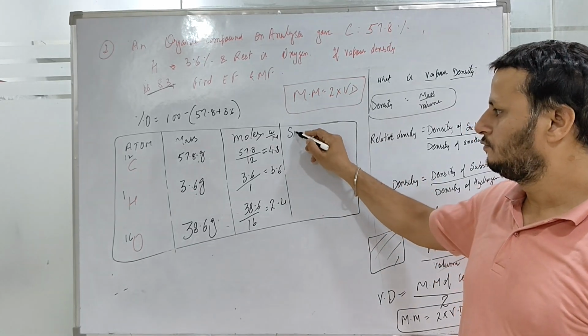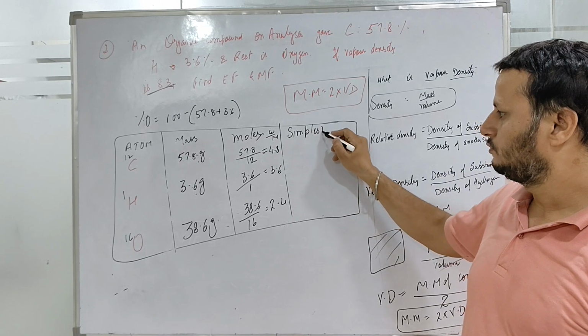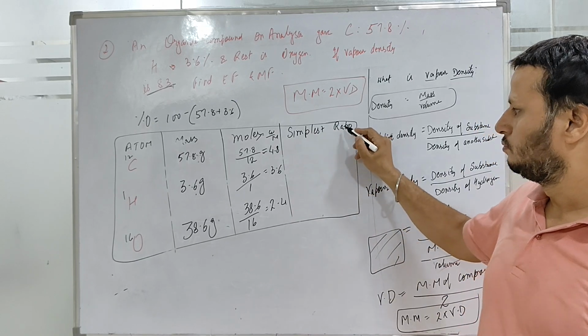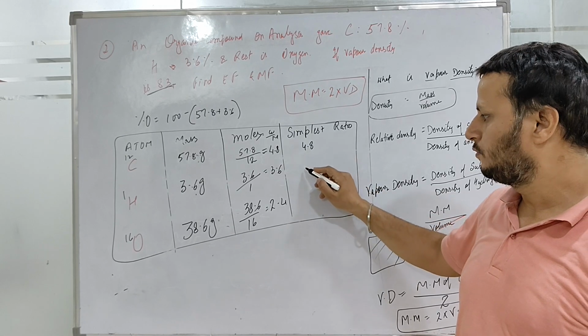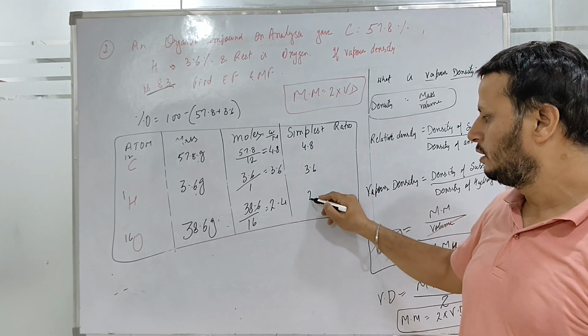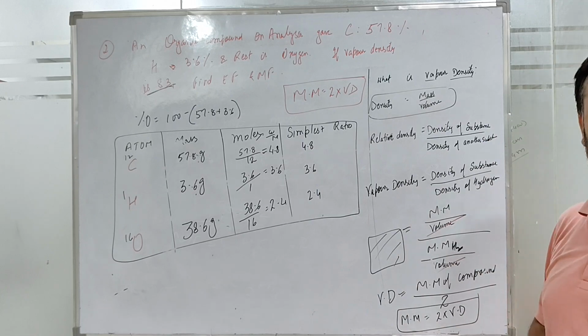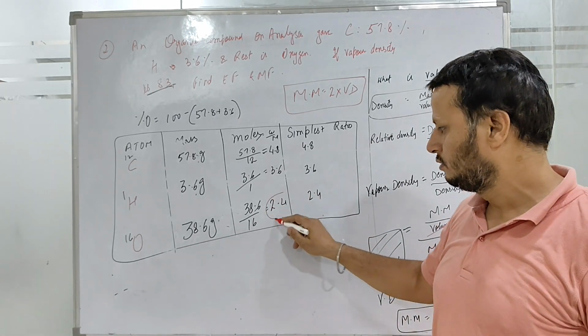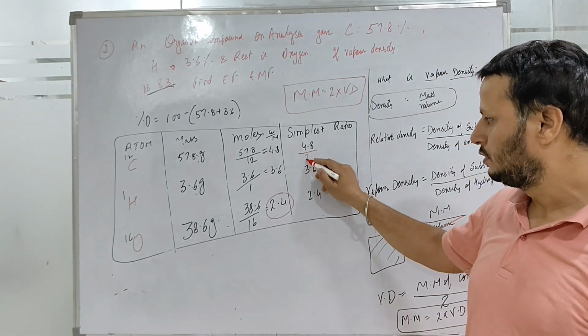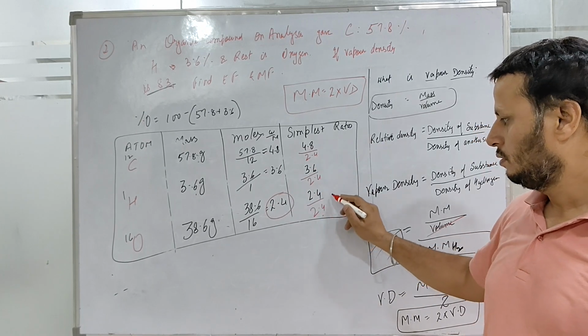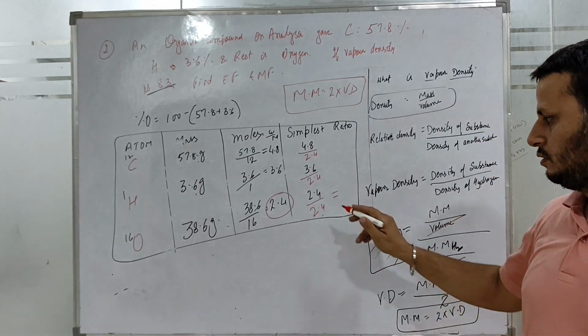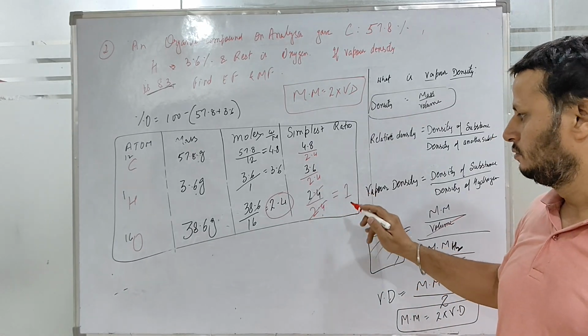Now we have to find the simplest ratio. So what we have to do, we have to divide by the least moles, and the least moles are of oxygen, 2.4. So we will divide each by 2.4. So oxygen simplest ratio is 1.